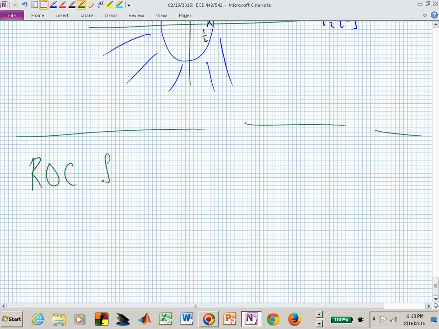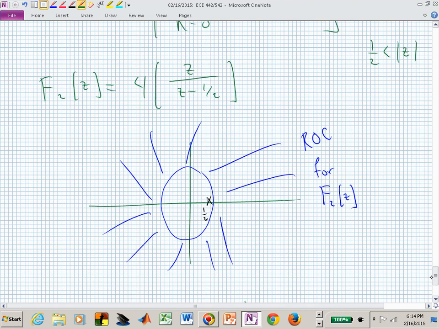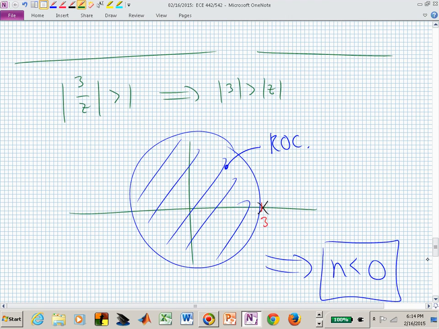And to find the region of convergence for capital F of z, we can just look at the region of convergence for the first function, capital F sub 1 of z, and intersect that with the region of convergence for F sub 2 of z. Intersect this unbounded region of convergence in 2 with this region number 1, and what do we end up with as an intersection?